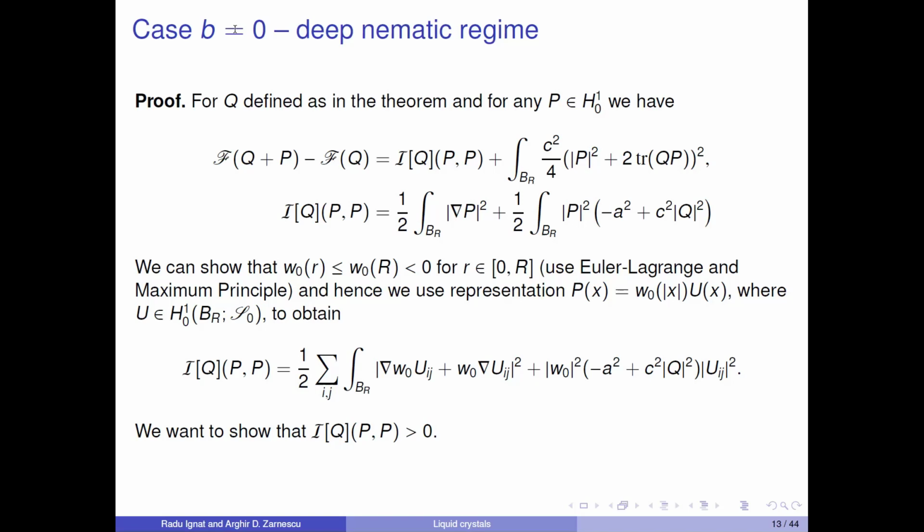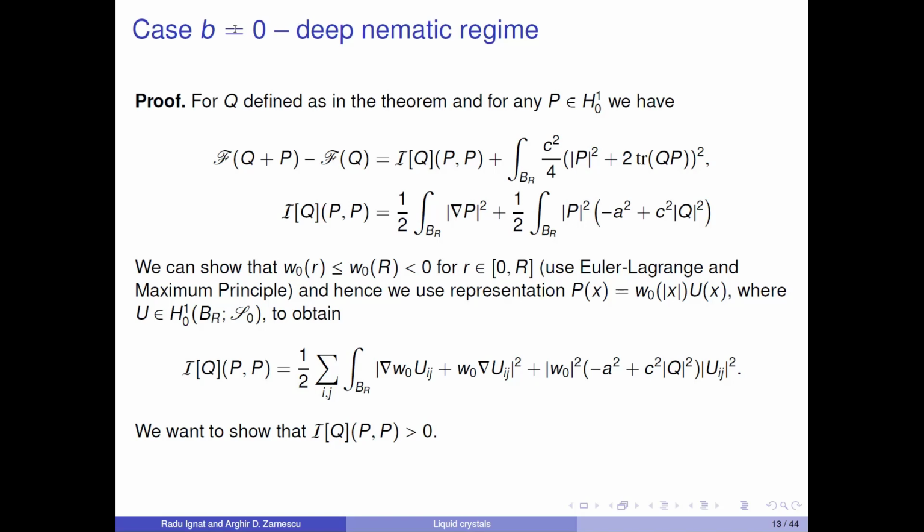And this is just pure luck in a sense because the system was simple enough. Now, the second variation is supposed to be non-negative for any P. So whatever P you put here, compactly supported, this should be greater or equal than 0. I mean, this part is easy because it's obviously positive.